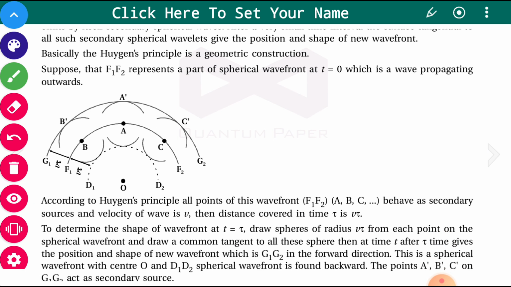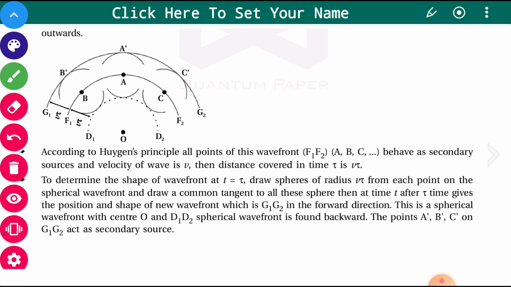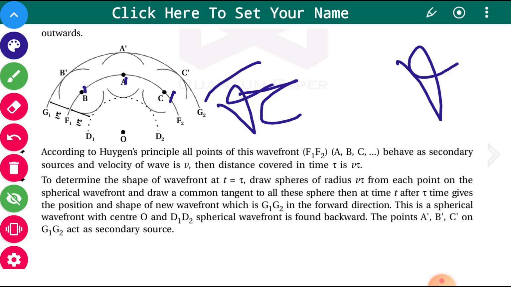F1, F2 we are taking as the initial wavefront at t equal to 0, which is propagating outward. According to Huygens principle, all points on the wavefront, say A, B, C, will behave as secondary sources. After time tau, if the speed of the wave is v, then v tau will be the distance traveled by the wave in the forward direction.